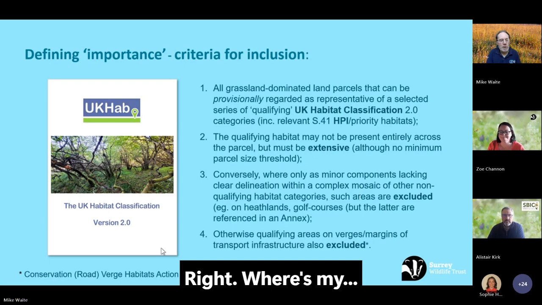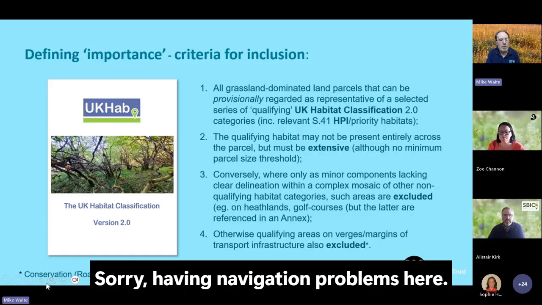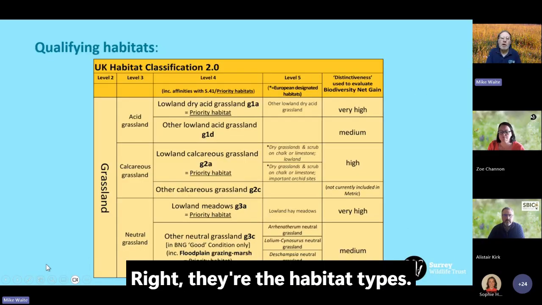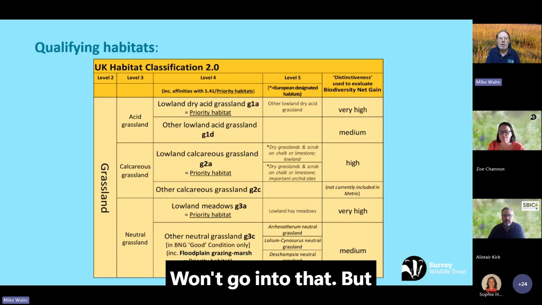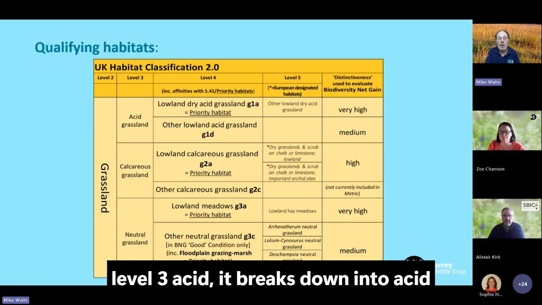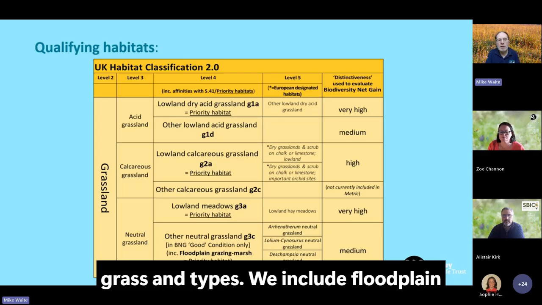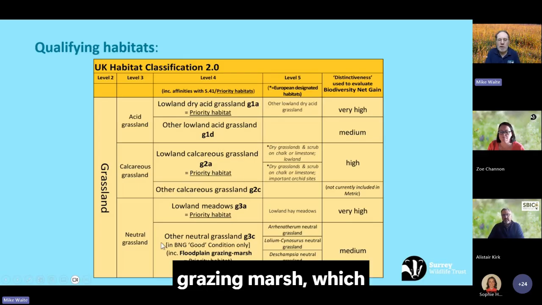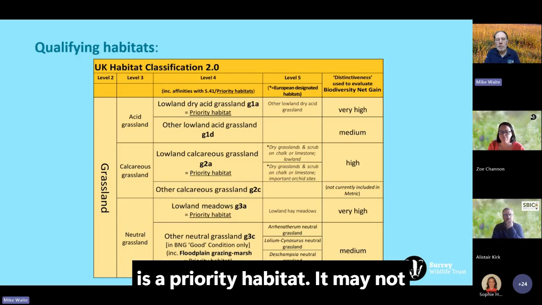Right, they're the habitat types. Won't go into that, but essentially you've got that column, level 3. It breaks down into acid grassland, calcareous grassland and neutral grassland types. We include floodplain and grazing marsh, which is a priority habitat.